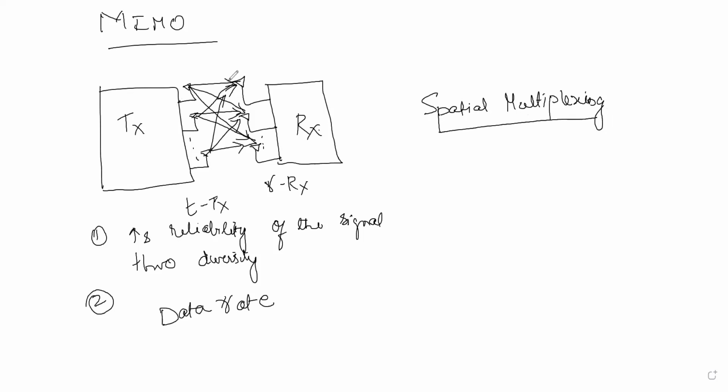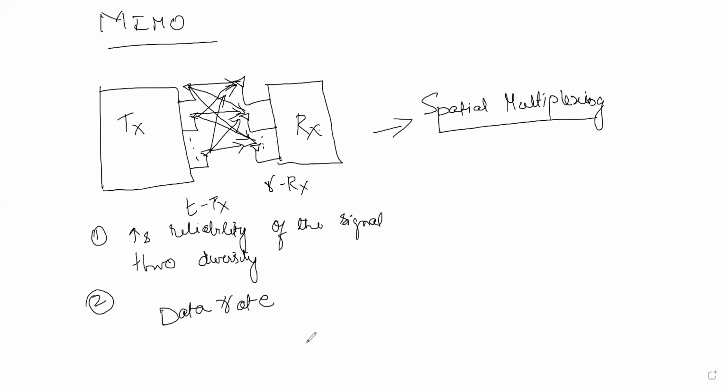Here we are transmitting several data streams in parallel. That is, a stream of information is transmitted in parallel. This is called spatial multiplexing. And we also saw the system model of the MIMO channel in the last class.